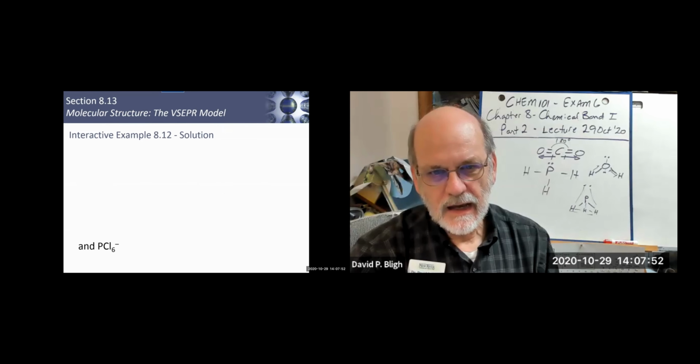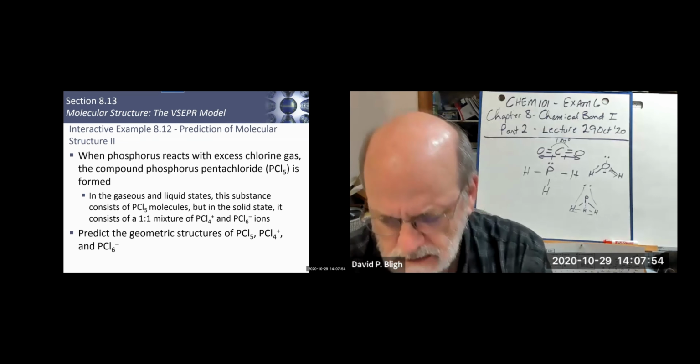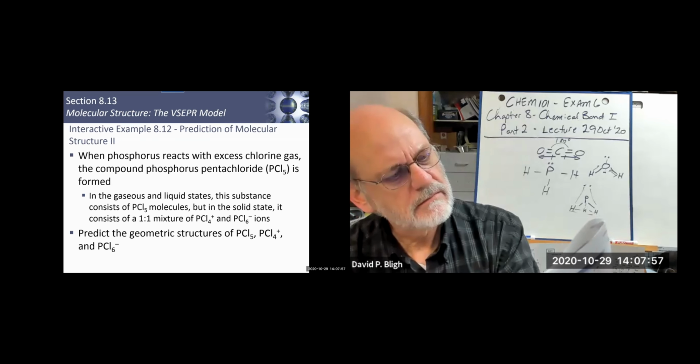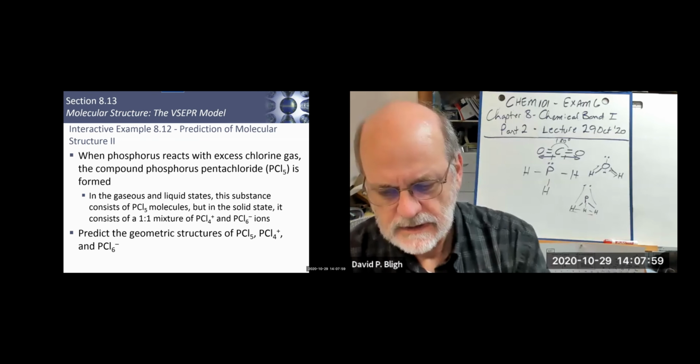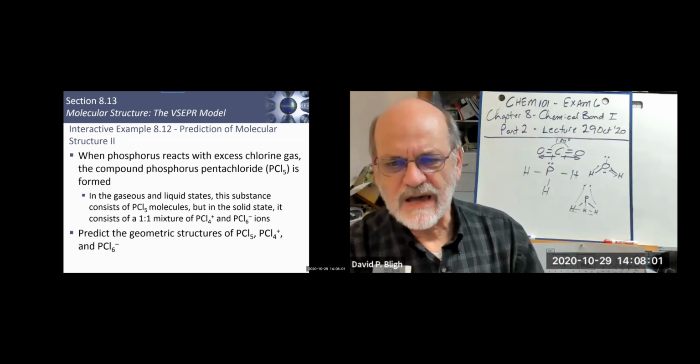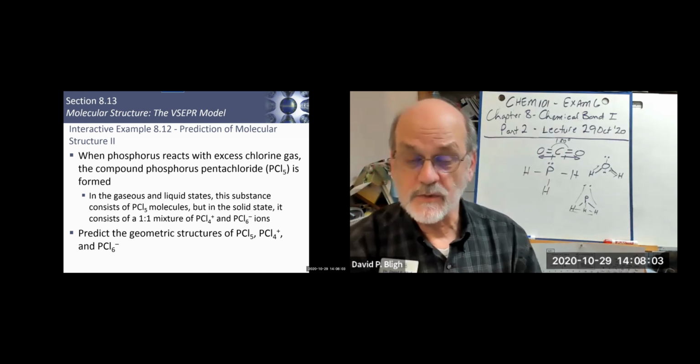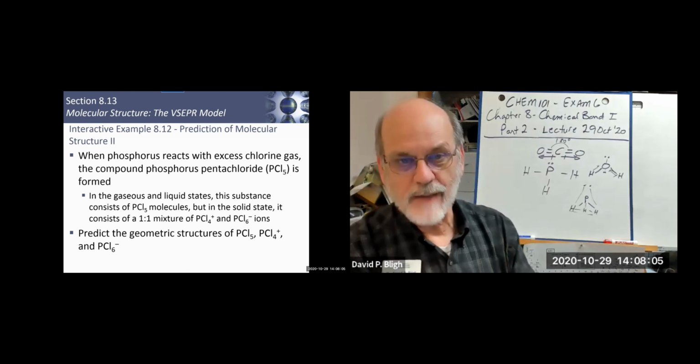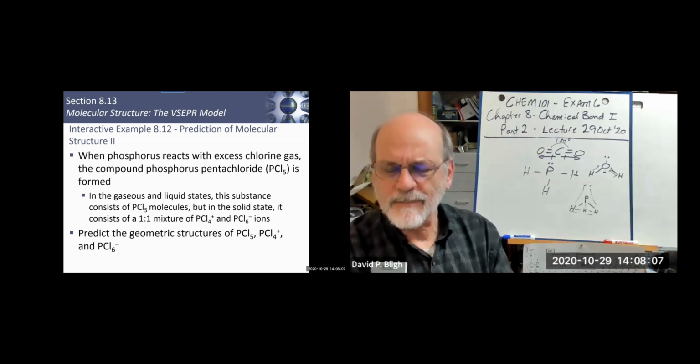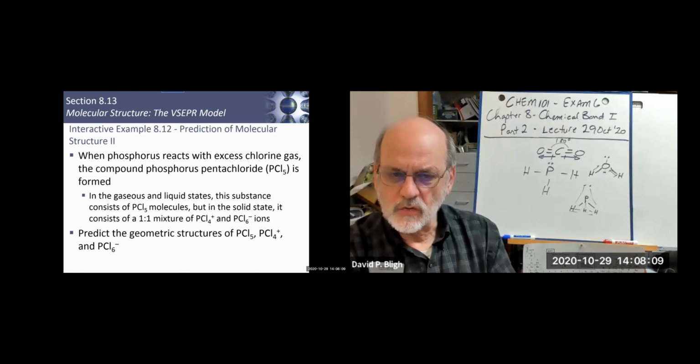Okay, let's see. I'm going to leave that other one behind and just continue on with these, because this is a good example of what happens when you take a molecule that's neutral and then you put a charge on it.